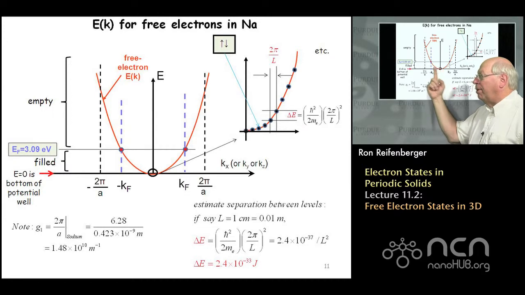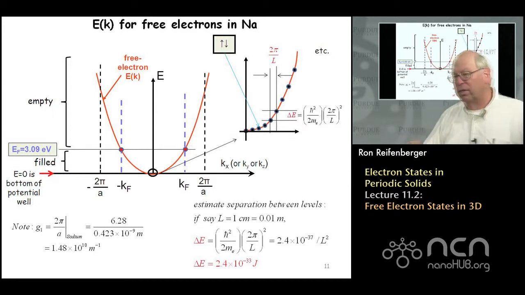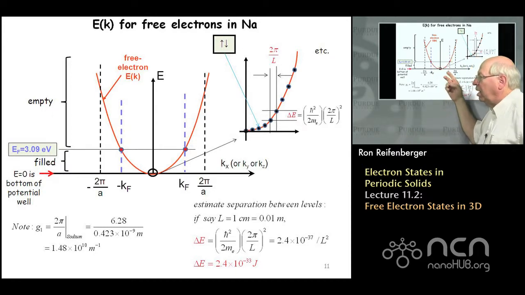If you blow up a region of this curve, and I do that here, what you find is that this E versus K squared dependence really is comprised of individual quantum states. Each quantum state can hold 2 electrons, and the separation in energy between these quantum states is given by this quantity here.